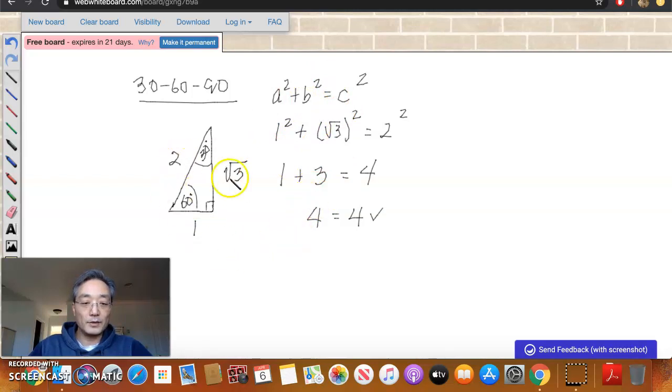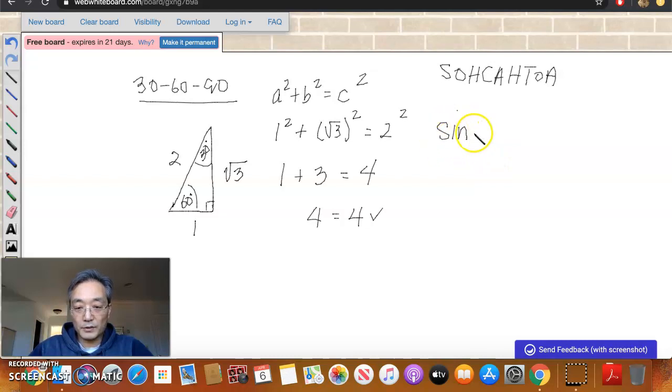Now using these 3 side lengths, I'm going to again do my sine, cosine, and tangent. And again, it's SOH CAH TOA. So let's do the sine. Sine of, now I'm going to do 30 first because it's smaller. So the sine of 30 degrees. What is the sine of 30 degrees?